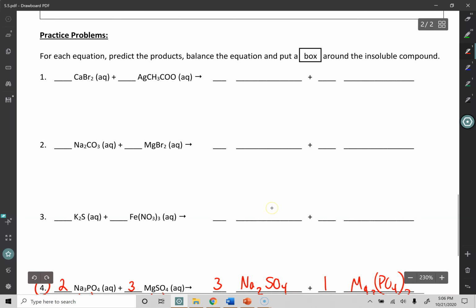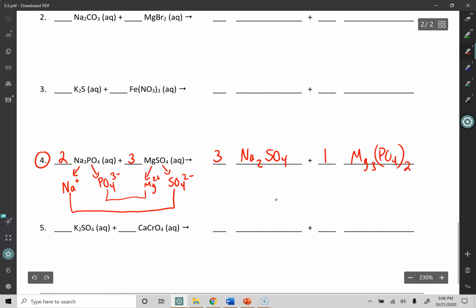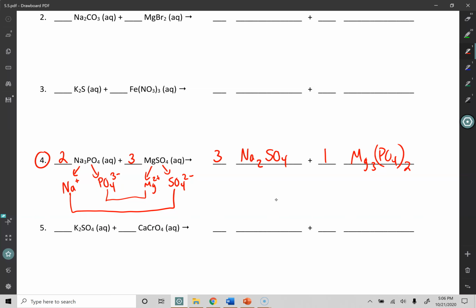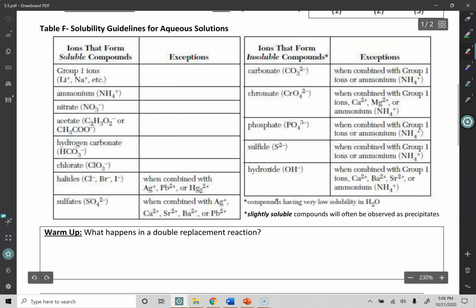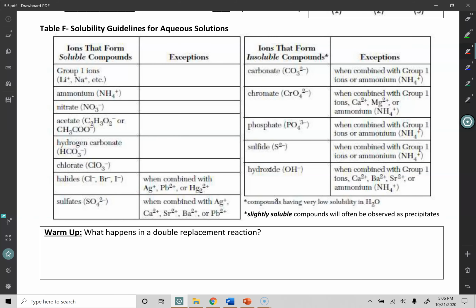Up in the directions, it says just to put a box around the insoluble compound. So we've got to figure out which of those 2 will not dissolve in water. I'm going to scroll up to table F. I've got sodium sulfate. Sulfates, usually soluble, silver, calcium, strontium, barium, lead. Okay, so it looks like sodium sulfate will dissolve without a problem. Phosphates.